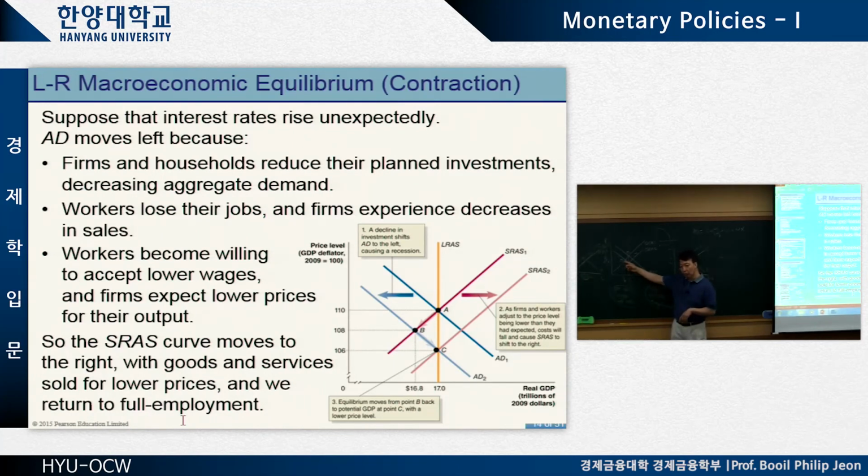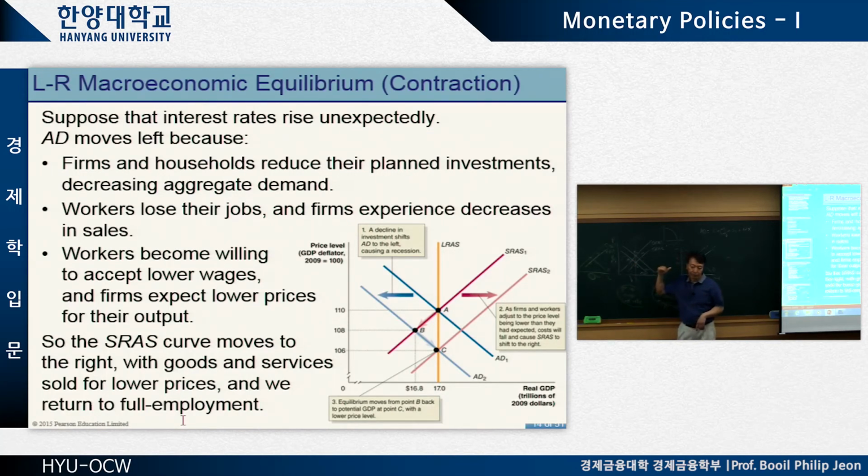But pretty soon workers realize that, even though their nominal wage is unchanged, the price level has come down. As a result of the change in price level, the real wage has gone up.